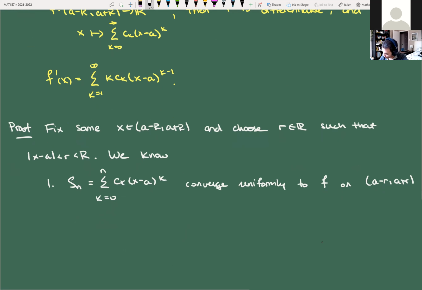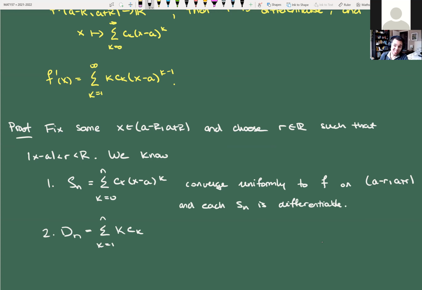And two, let's call these d_n for differentiated, the sum from k equals 1 to n of k c_k (x minus a)^(k minus 1). And I should say here, each S_n is differentiable, because again, it's just a polynomial.